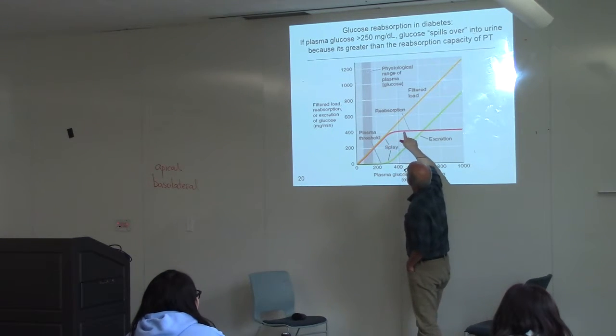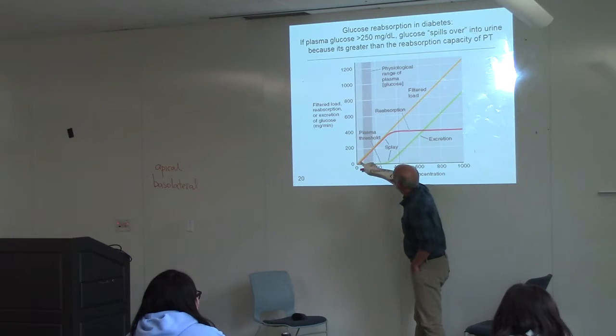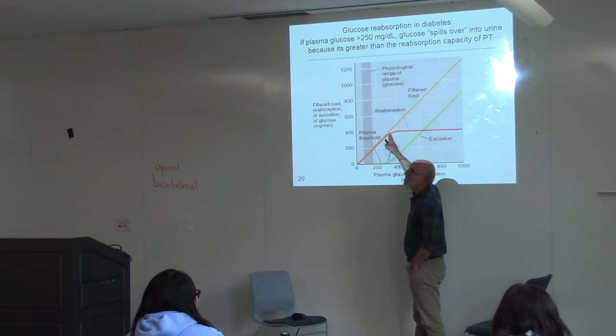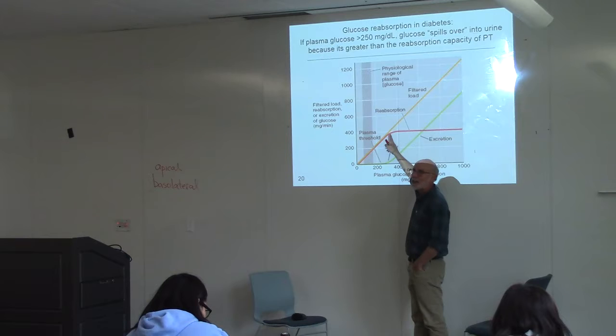The red line is the recovery of glucose as a function of the glucose concentration. So the higher the glucose concentration, the higher the rate of reabsorption, up to a maximum. At the maximum, your transporters are working as hard as they can. They're saturated.